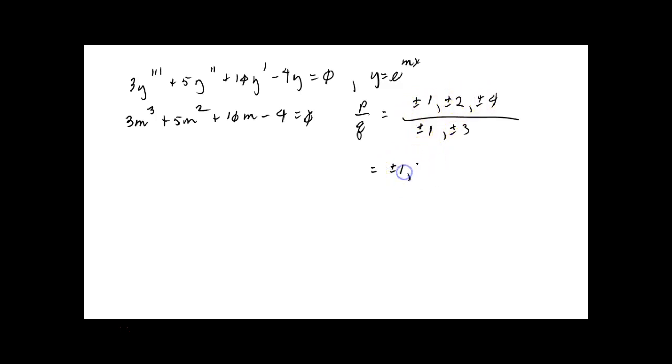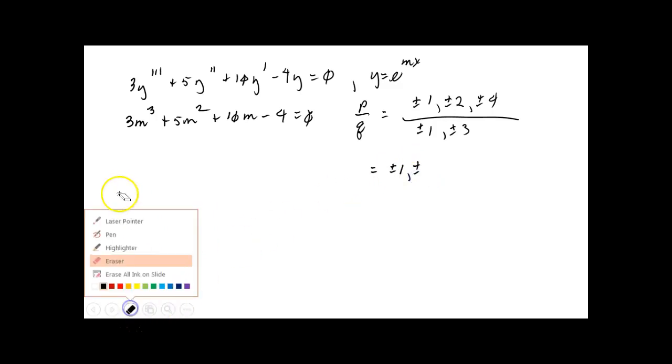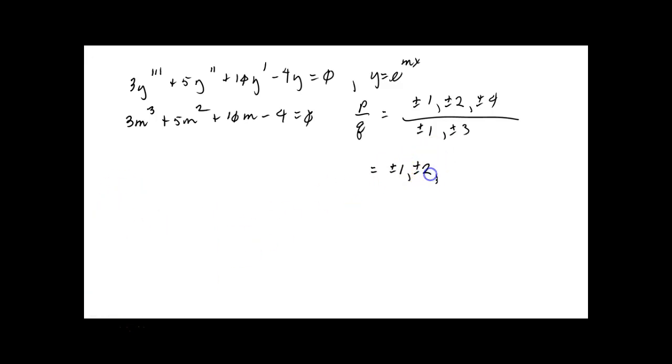So plus or minus 1, plus or minus 2, plus or minus 4, and then start with the fractions, plus or minus 1 over 3, plus or minus 2 over 3, and plus or minus 4 over 3. Believe it or not, those are all the possible rational zeros you can have.